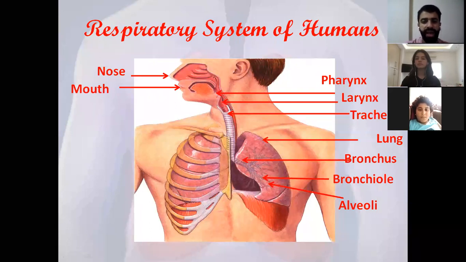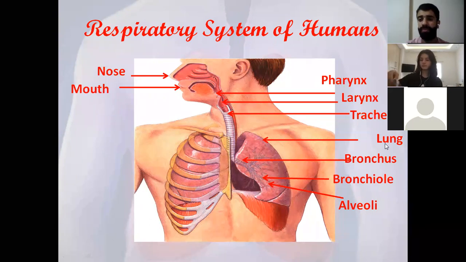Number three, it's the pharynx here. The pharynx, and we have the larynx. Here we have the windpipe, it's called the trachea. Also, we have one of the most important organs in the respiratory system. It's the lung. The lung is one of the most important parts of the respiratory system.